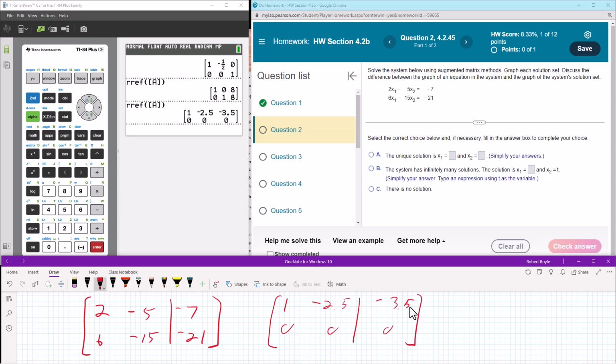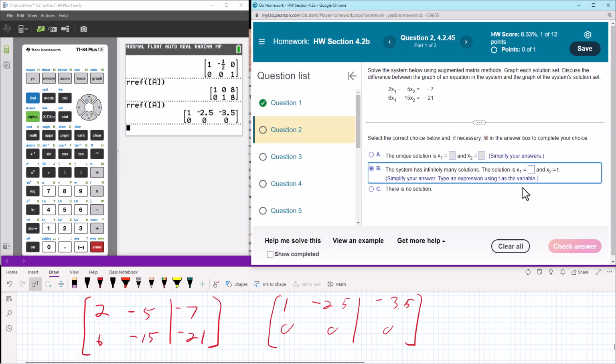That row of 0s tells you that we have infinitely many solutions, so our answer is going to be B, where x1 is equal to something and x2 is equal to t. We need to use the first row to figure that out.